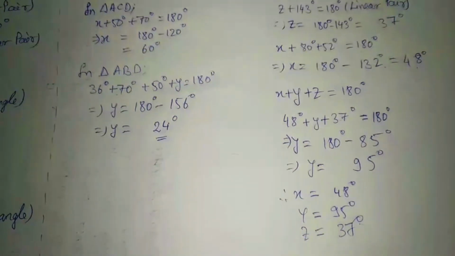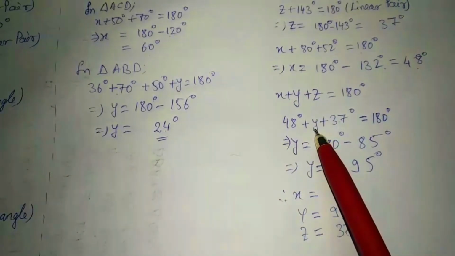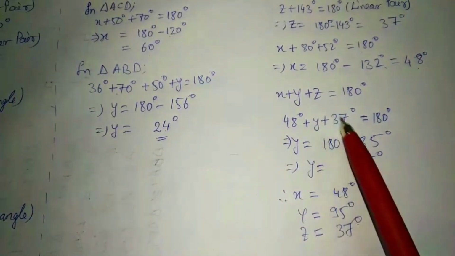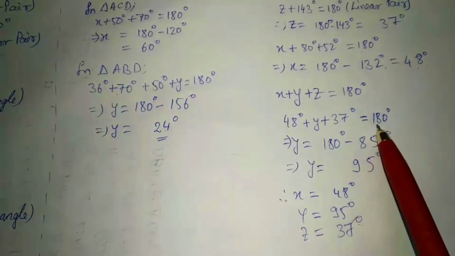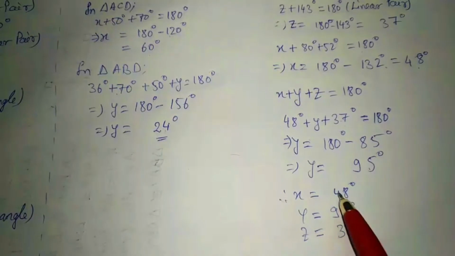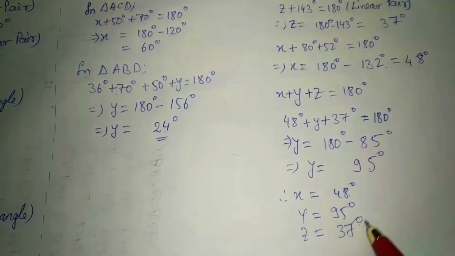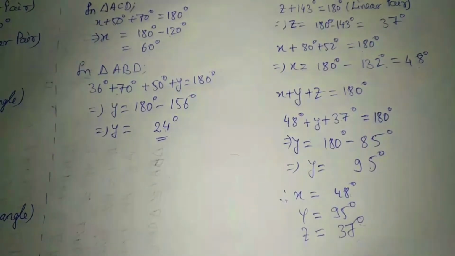So just put the value of x, y is not known now, and put the value of z. Now you will get y is equal to 95 degree. Now the value of x we have got is 48 degree, y 95 degree and z 37 degree.